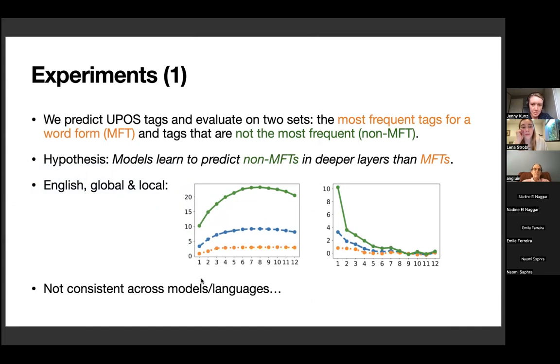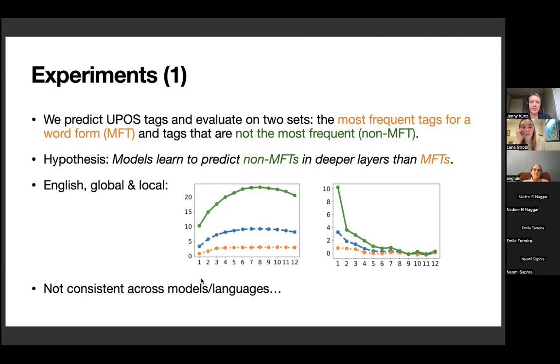As I said, we have two pairs of tasks that are structurally equal within each pair, and are therefore, as we argue, suited to compare whether expected hierarchies hold in the local results as well. The first one is part of speech tagging, and we compare two sets.